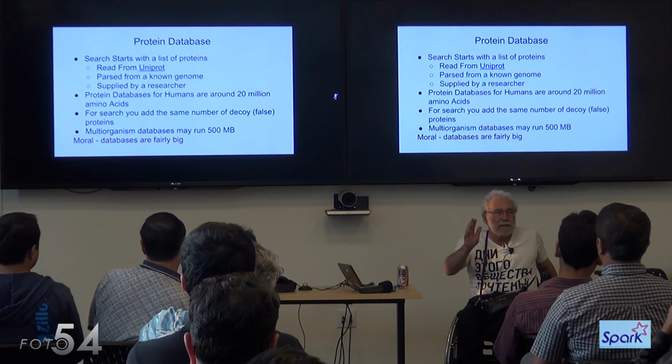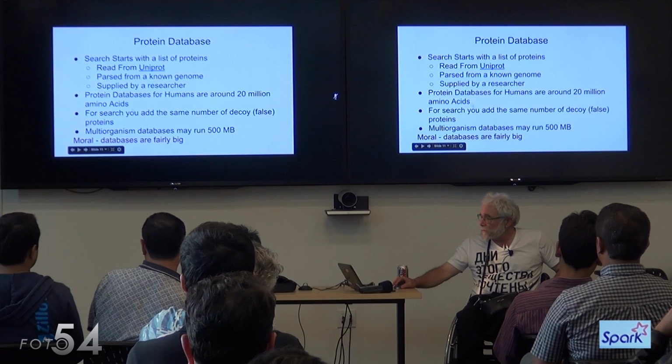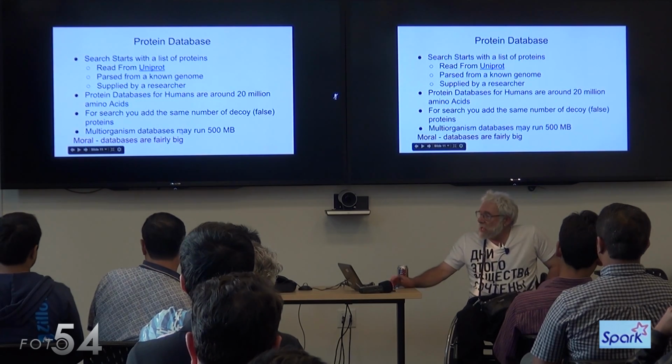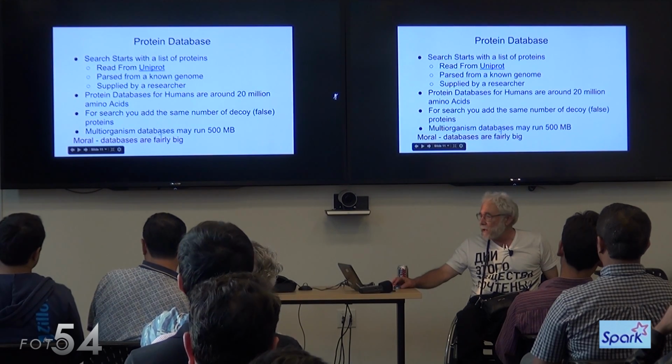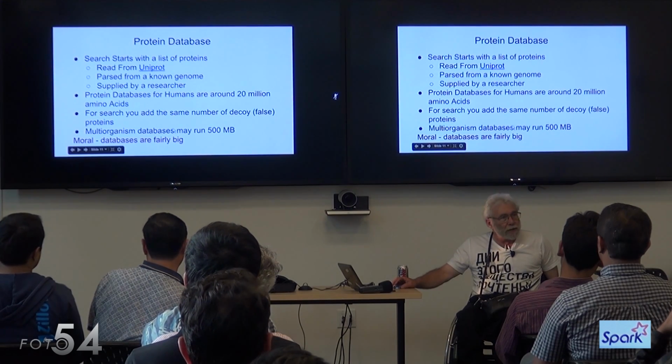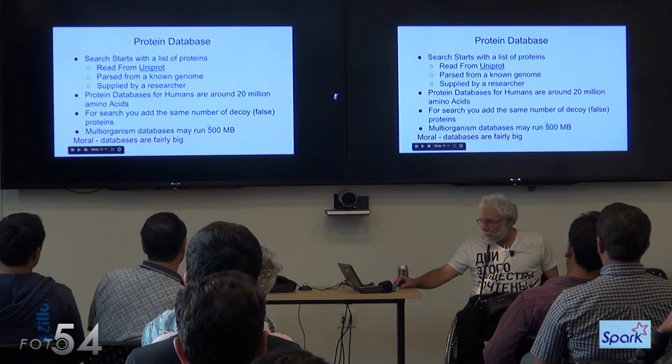It's not something that you should look for. These are called decoys, and it roughly doubles your database. And if we deal with multi-organism databases, they can run in the 500 meg range. So the moral is, these are pretty big to start with.